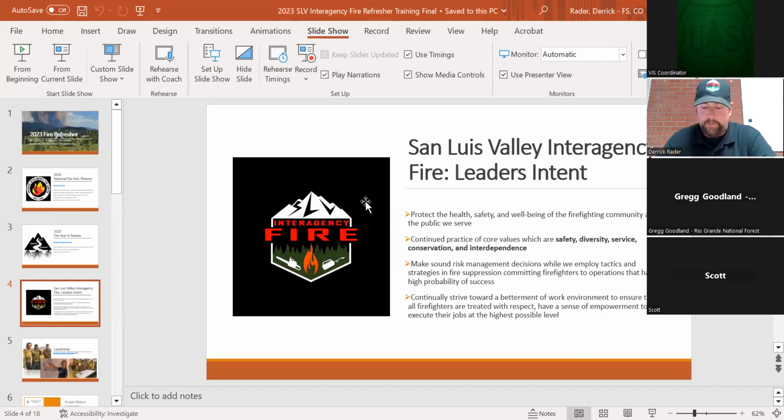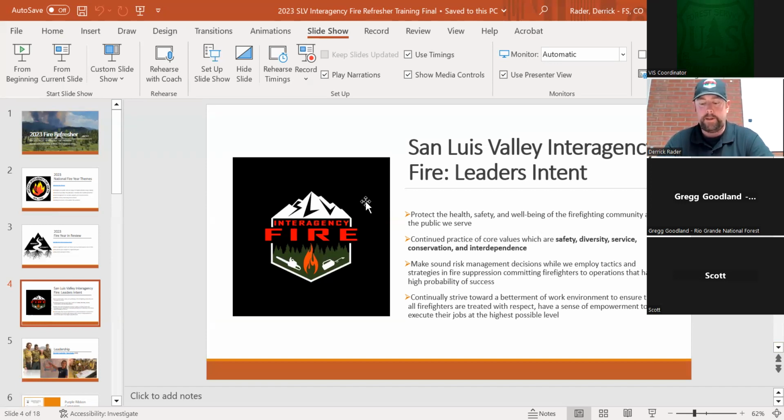The third one is make sound risk management decisions while we employ tactics and strategies in fire suppression, committing firefighters to operations where they will have a high probability of success. There is a lot of talk out there on risk and what that entails. And risk is an extremely complicated thing that we do put a lot of stake in the Forest Service.